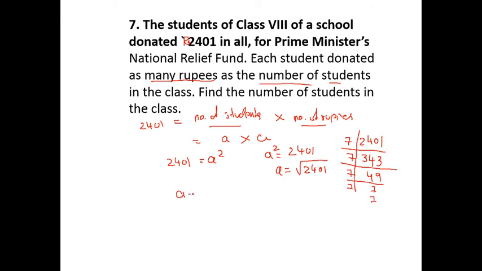So a is equal to 7 square into 7 square. So if we take out 7 into 7 into 7 into 7, we get 49 rupees and 49 students.